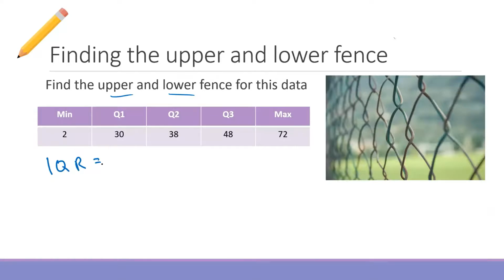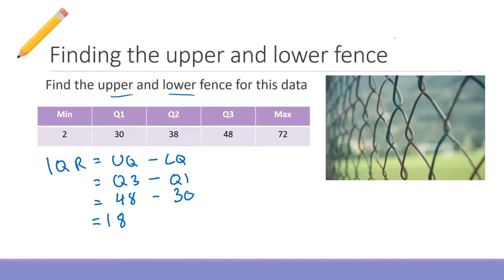The interquartile range is the upper quartile minus the lower quartile, in this case Q3 minus Q1, which is 48 minus 30. And when you do 48 minus 30, you get 18. So that's the interquartile range.